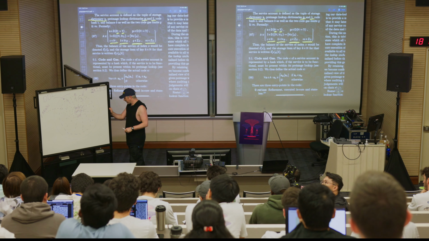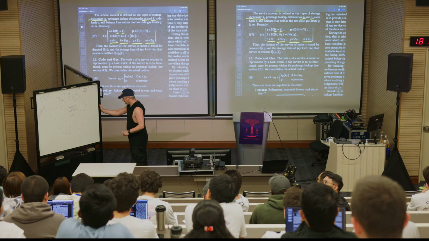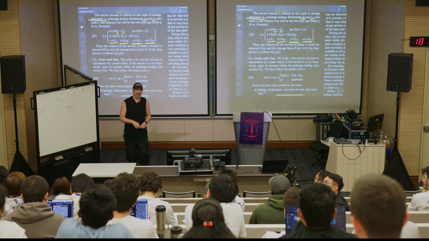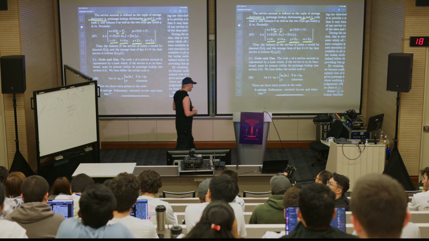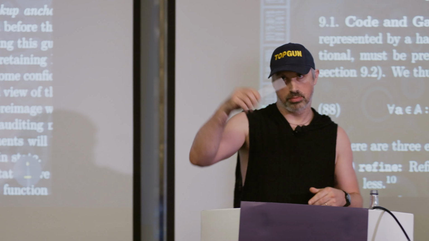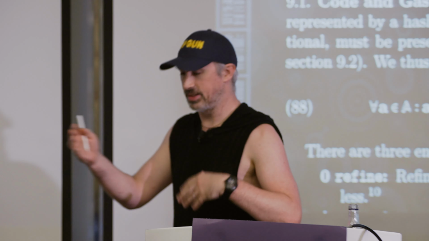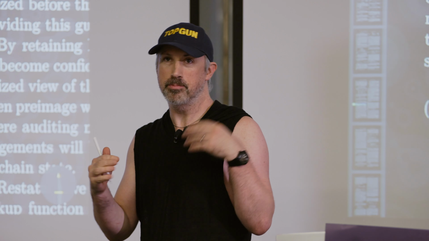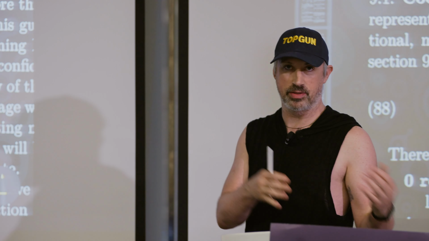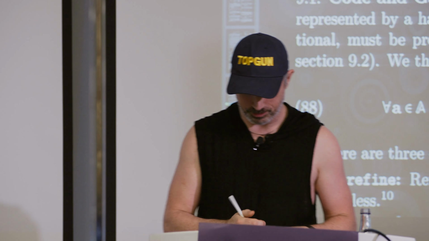When it does this, it specifies not merely the hash, but also the size of the pre-image, and it puts down a deposit that is relative to that size. So it pre-commits to the size of the pre-image as well as its hash, and it puts down a deposit.